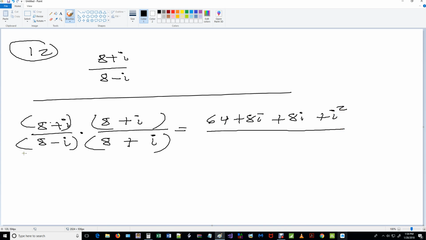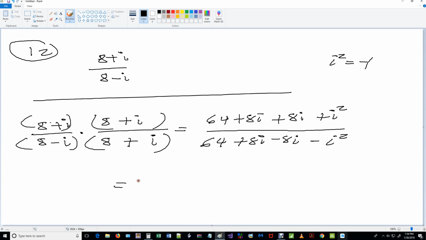Now on the bottom, 8 times 8 is 64. You do the outer, 8i, inner, minus 8i, and then last, you get minus, because of the minus on the first binomial. But then you get i times i is i squared, and we have to consider the i squared. Don't forget that, right? i squared is minus 1.